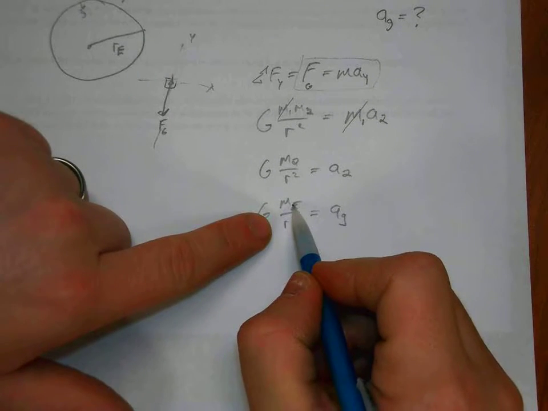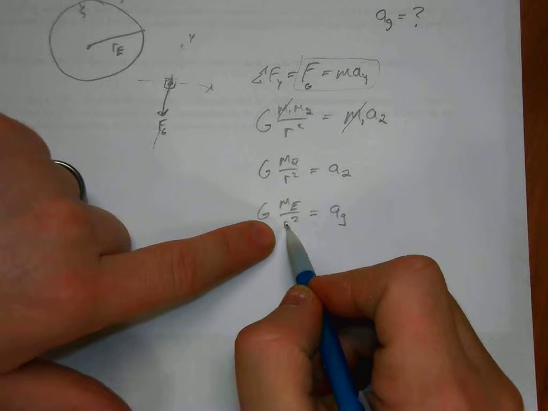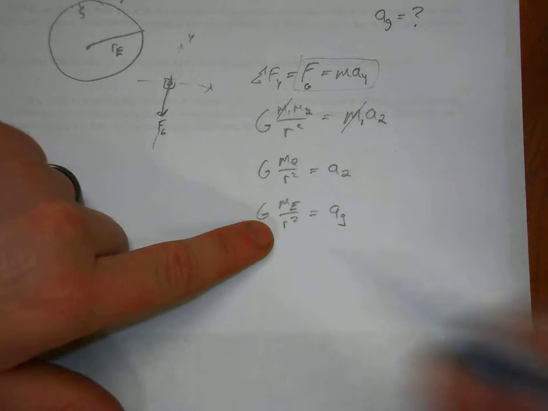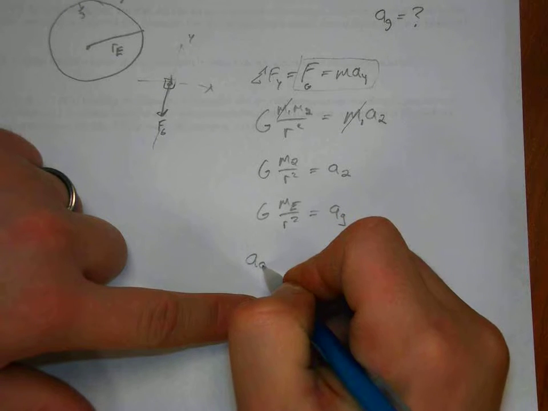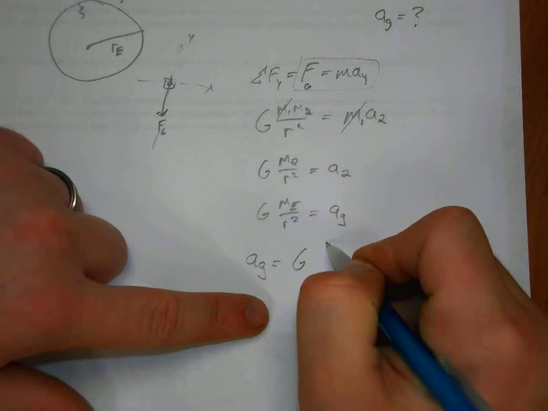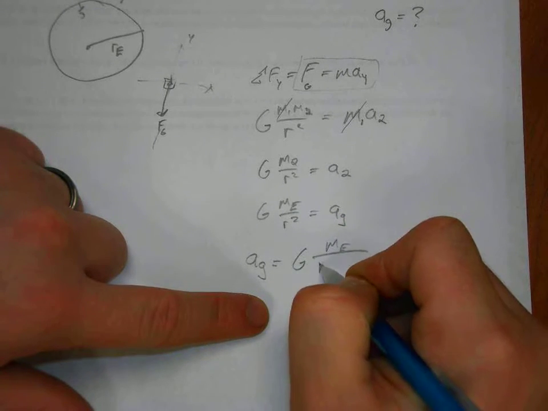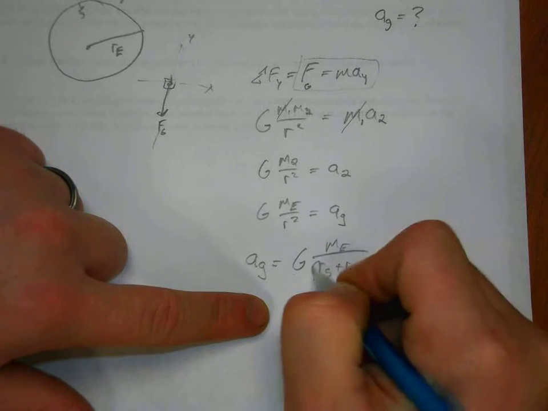We're using the mass of the Earth. If we were using the radius of the Earth, that would just equal 9.8 meters per second squared, but it's not in this case because I'm flipping the equation. G times the mass of the Earth over rs plus re, squared.